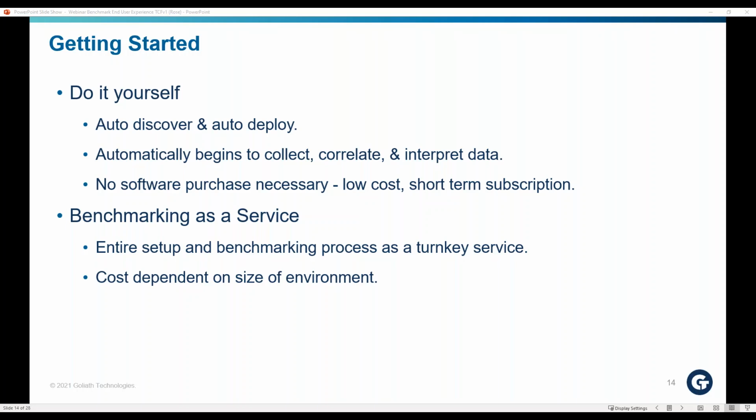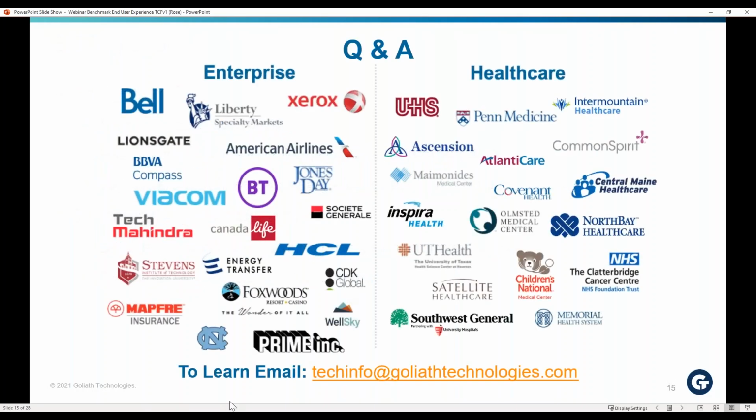The cost is dependent on the size of the environment. By the way, this is an actual chat question as well, so you might want to go to the next slide, Avi. We'll kick off with this very first question, which is, how much does this cost? It depends on the size of the environment, the reports and the data that you want to see, how long you want to retain the data, and where you want the product hosted.